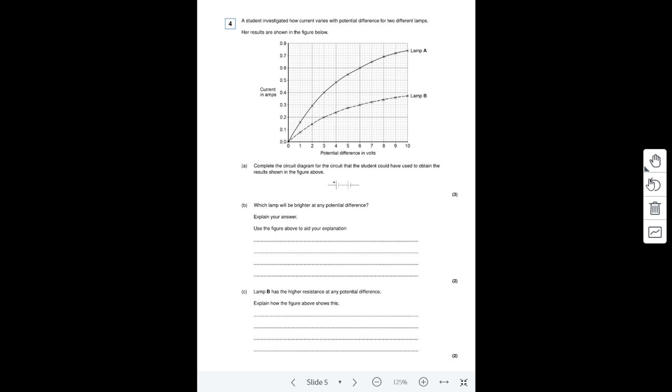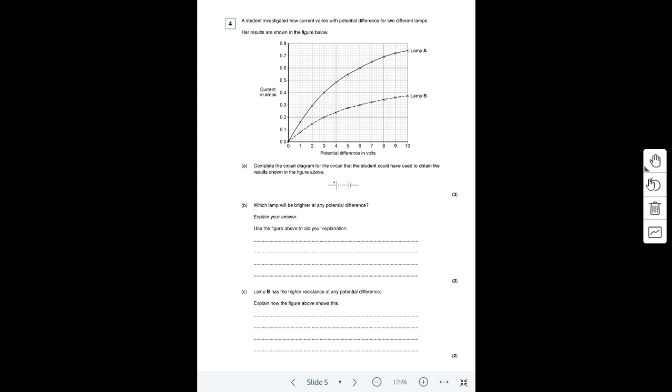Lamp A, because the current is higher at each potential difference. You are solving part B, right? Which will glow brighter? Lamp A. Yeah, that's good. And why?